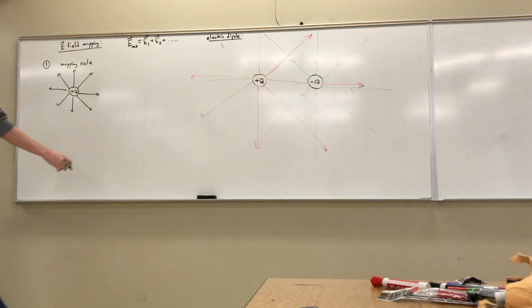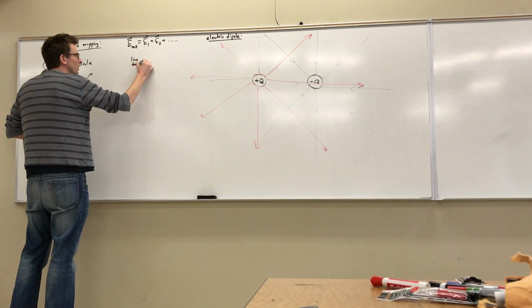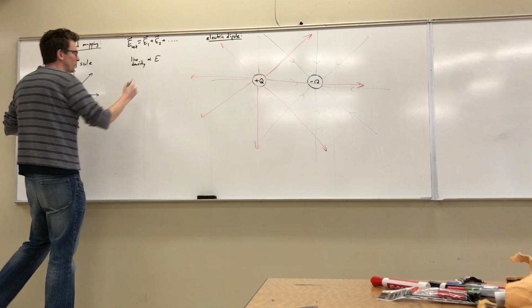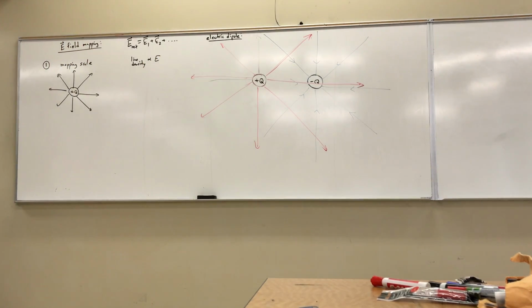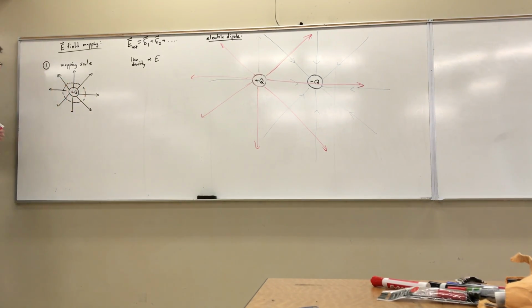Now remember, we learned that the line density is proportional to the strength of the electric field. So if the lines are closer together, we expect the electric field is stronger, and when the lines are further apart, we expect the electric field to be weaker. That was the whole beauty of the scheme of radial lines: when you're closer by, the lines are spaced closer together, indicating a stronger field.